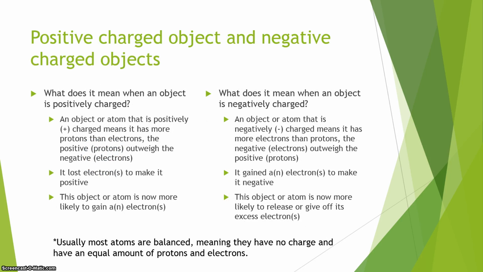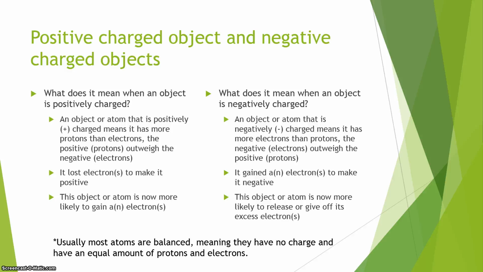There are positively charged objects and also negatively charged objects, but most of the time the atoms are balanced, meaning they have no charge, with an equal amount of protons and electrons. But in certain cases you could have more protons or more electrons. When an object or atom is positively charged, it means it has more protons than electrons.